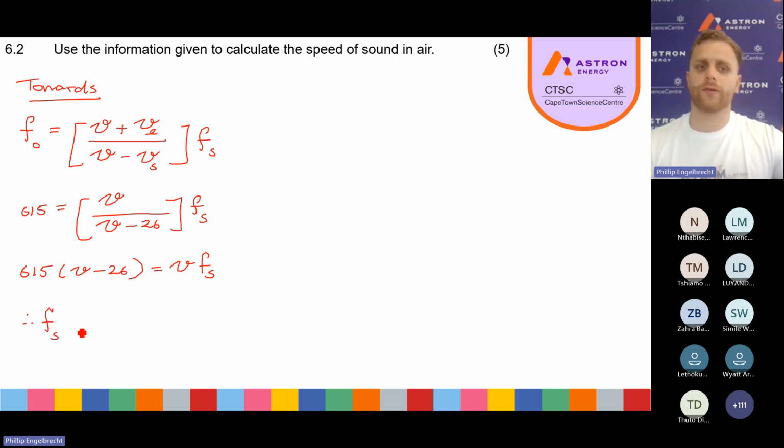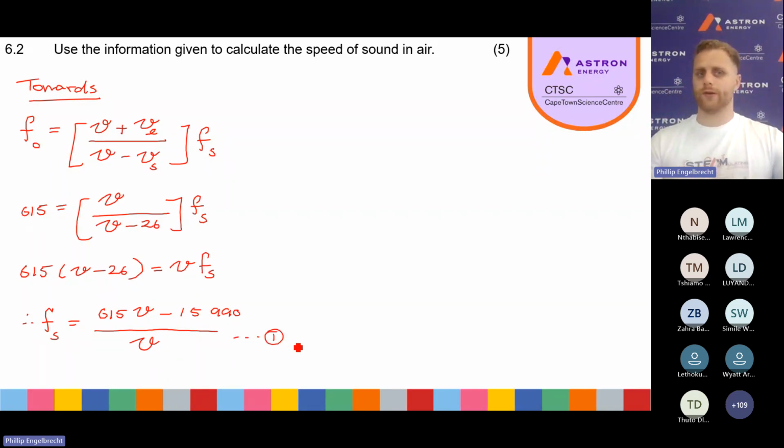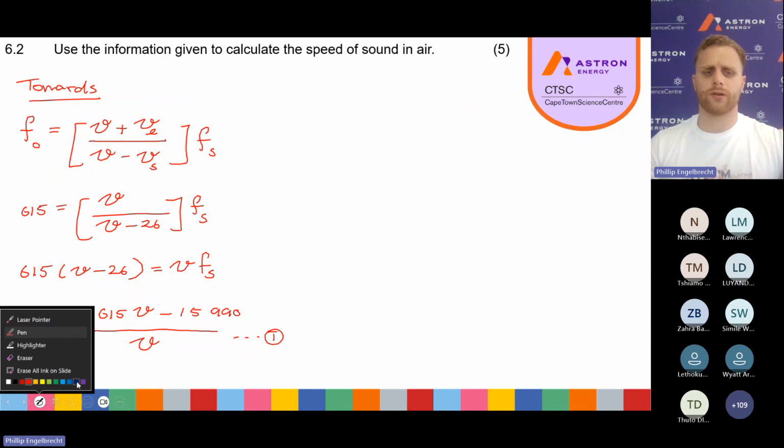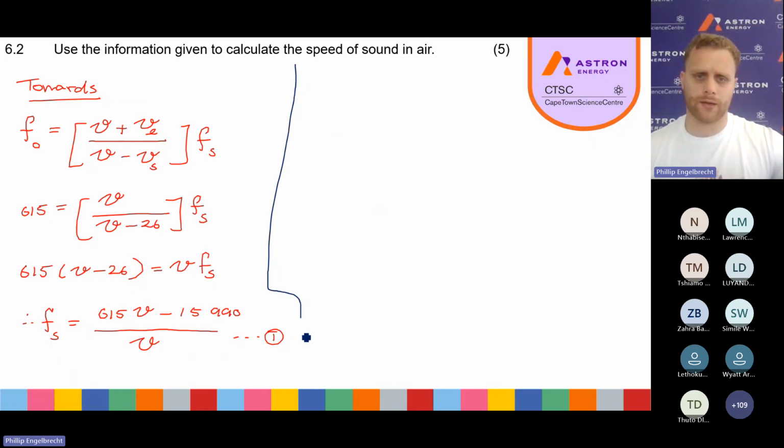So therefore, the frequency of our source is simply equal to, if I multiply this out into my brackets, 615 times V minus 15,990, divided by V. All right, remember V is the speed of sound, and that's the first equation. Remember I'm doing simultaneous equations. Now, what I'm going to do is change color, because I'm working with a different scenario. Now for when the car was traveling away.